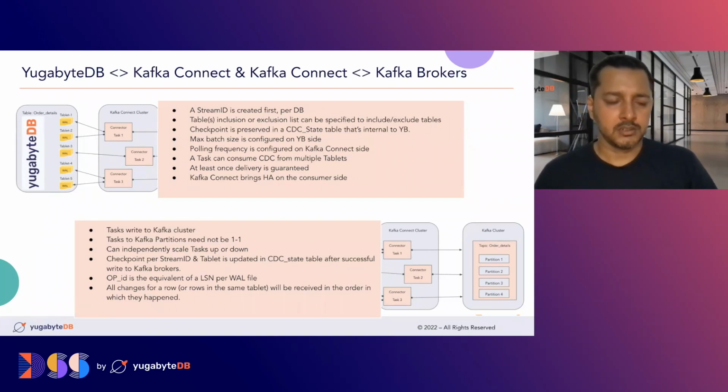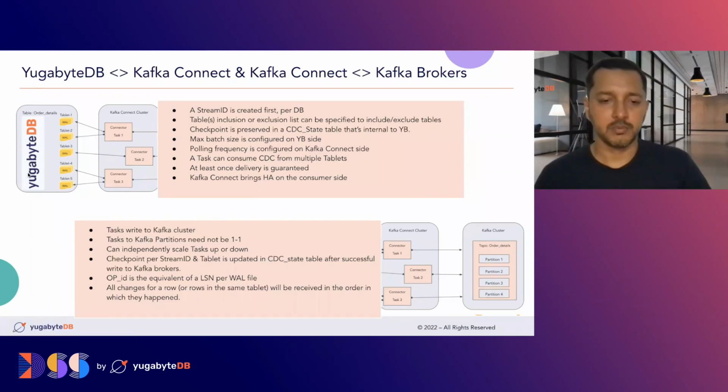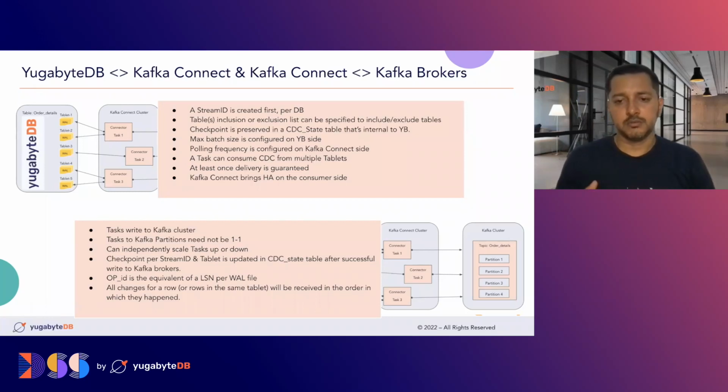The way you want to scale your Kafka cluster, you can do that. You can have a single partition if you want, or multiple partitions for a topic. All three components, the YugabyteDB cluster, the Kafka Connect cluster, and the Kafka cluster, can be independently scaled, and you can scale the tasks as and when required, and you can scale the storage of YugabyteDB or Kafka as well.